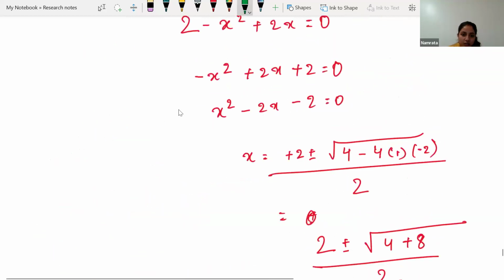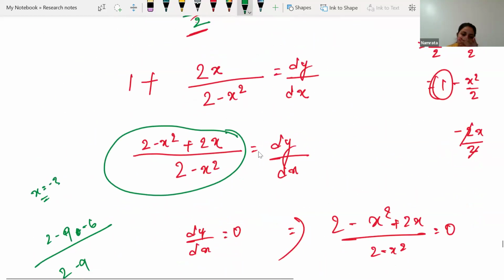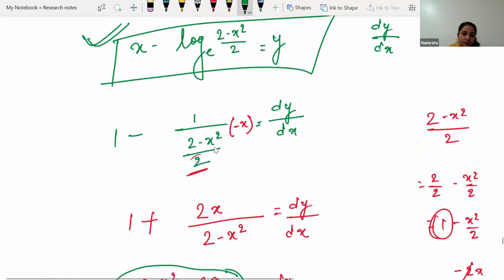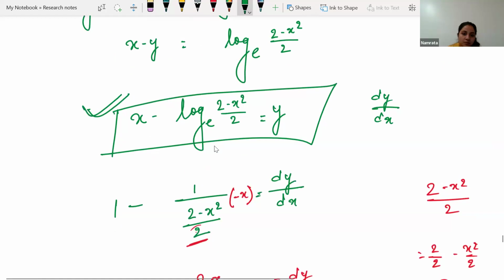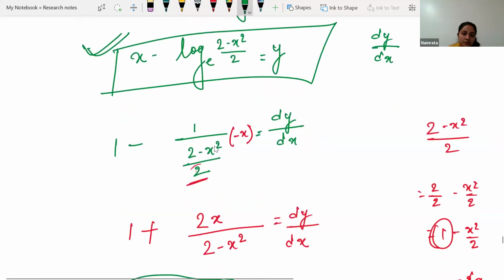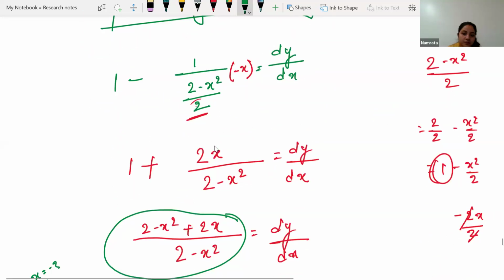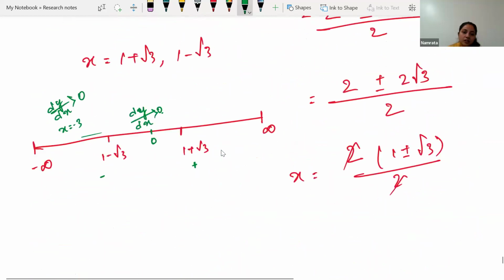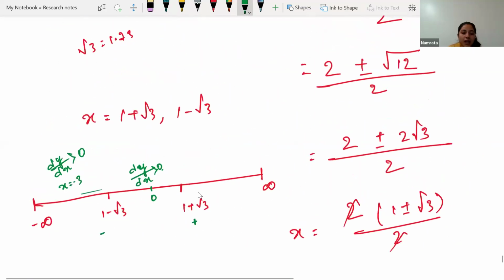Are we doing any mistake? Okay, let's check the other one. The other one, we are having 1 plus root 3, about 1.7.